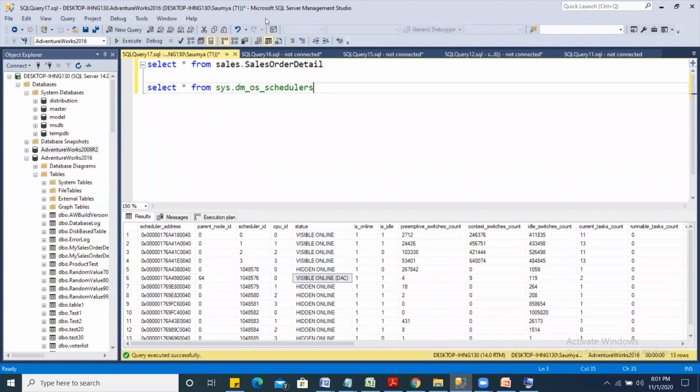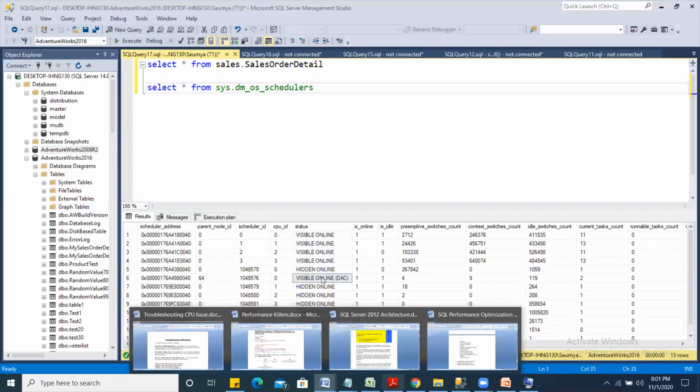The task of the scheduler is to assign a worker for that user query, user thread, and execute it. But who will execute it? The CPU will execute it. So the task of the scheduler is also to assign a worker and assign a CPU quantum. A CPU quantum is nothing but a 4 millisecond time slot. So the scheduler assigns a 4 ms slot, known as a quantum, to a thread for its execution, right?